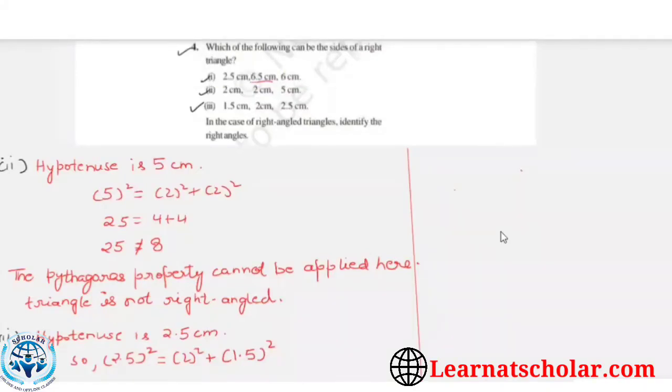Now the square of 2.5 is equal to 6.25, which is equal to 4 plus 2.25. 6.25 is equal to 6.25, LHS is equal to RHS.